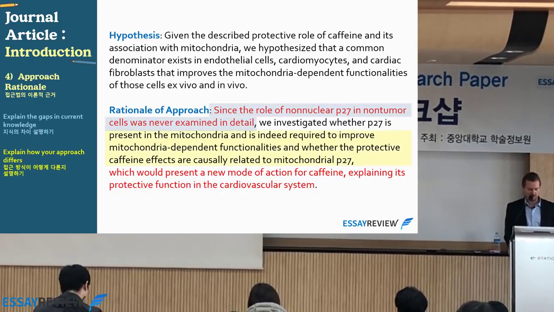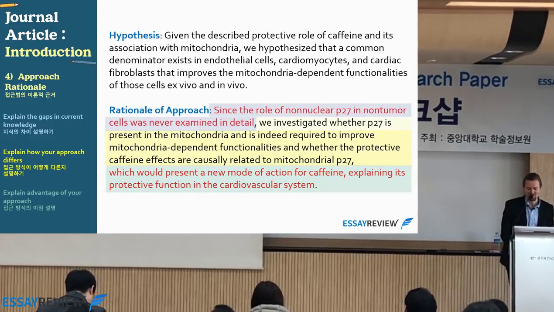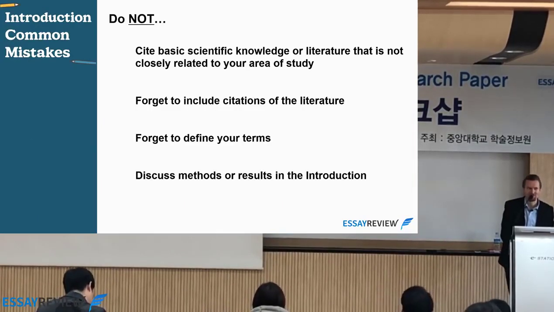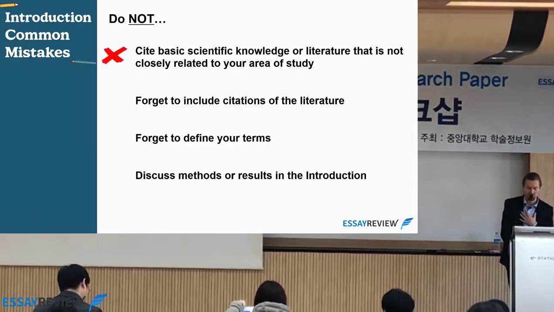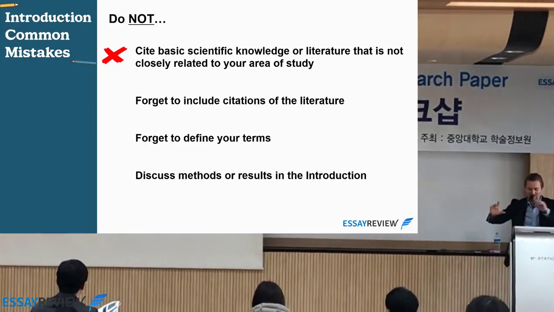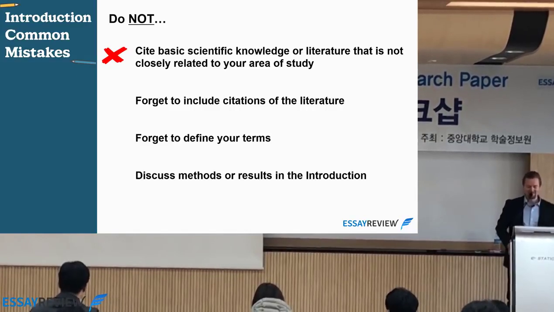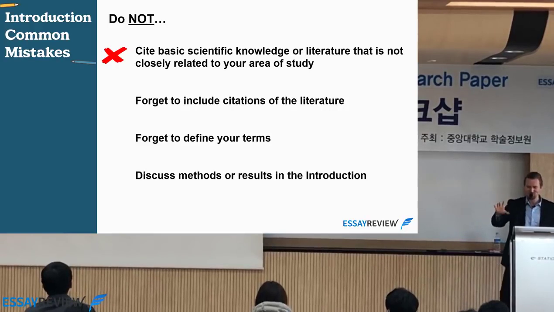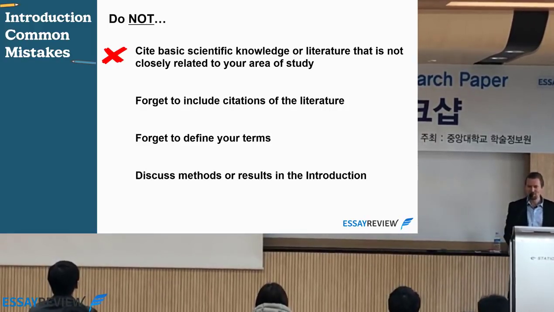All right, there are some mistakes that many authors make in the introduction. Citing basic scientific knowledge. That's really annoying as a reader. And I'm a generalist reader, right? I'm not a biologist, I'm not a chemist. If the study is about turtles and you cite research about birds that's not related, well, both turtles and birds are cold-blooded animals.